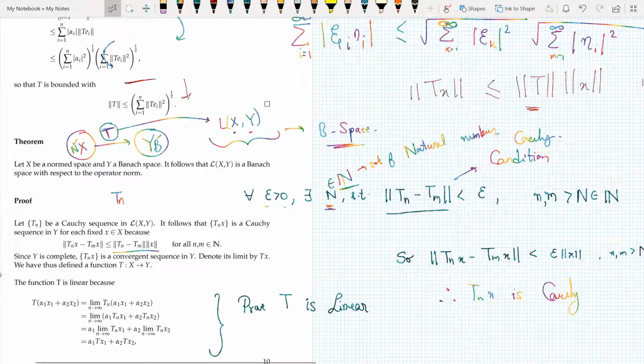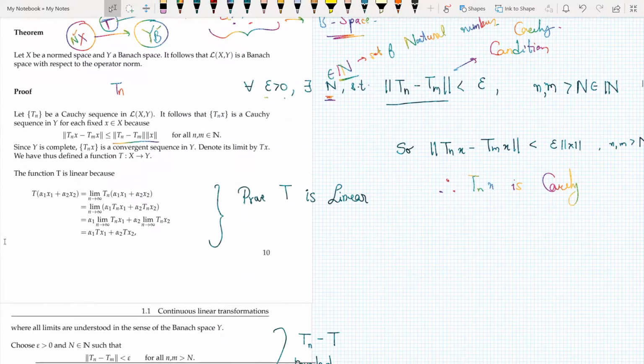So now I know that my space Y is complete. And what happens when I have a complete space?